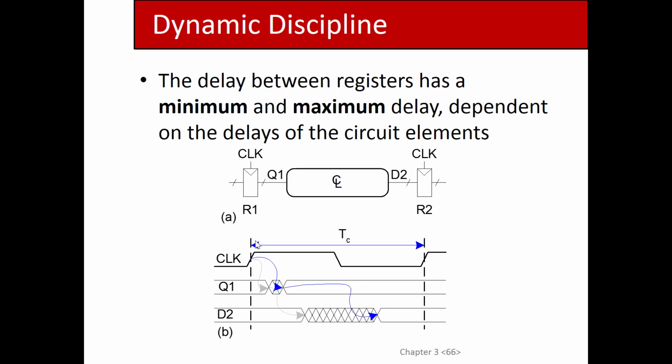TC, clock period, that's 1 over the frequency. So if this is a gigahertz processor, then my TC is 1 nanosecond, right? Gigahertz is 1 billion cycles per second. 1 divided by 1 billion is 1 nanosecond. So TC is the clock period.